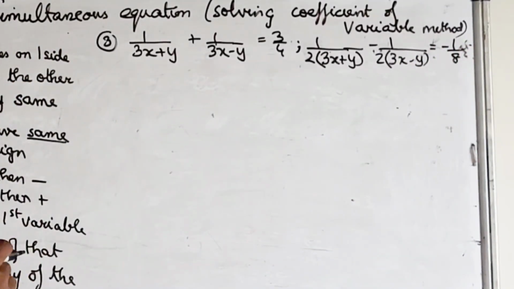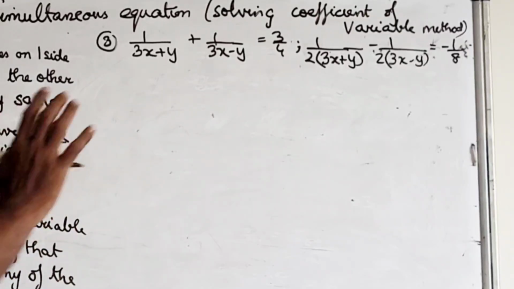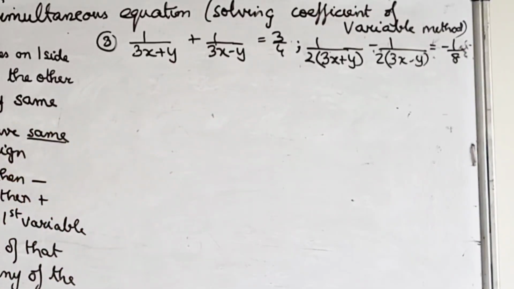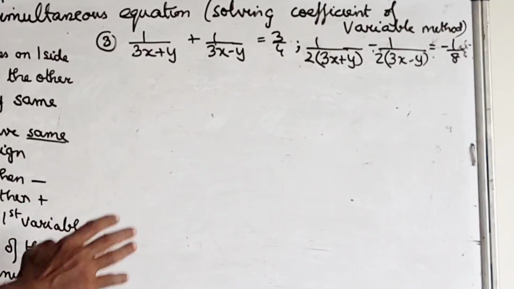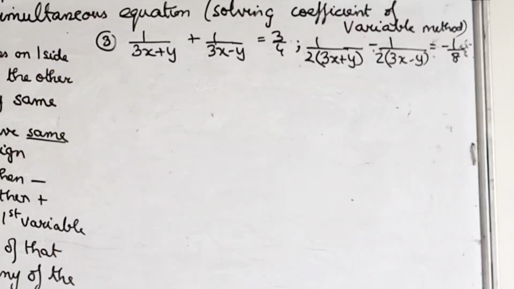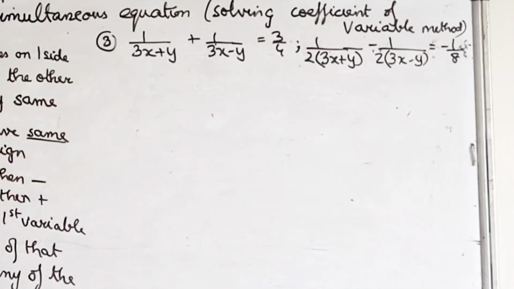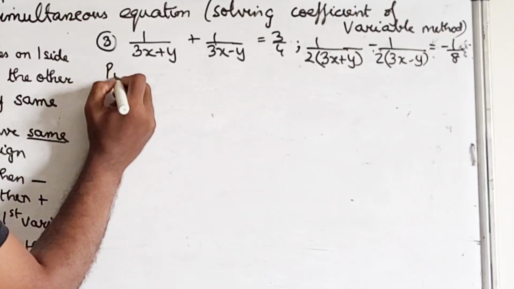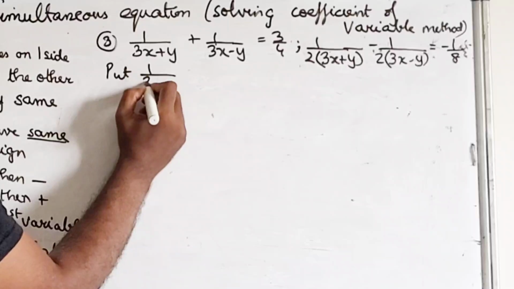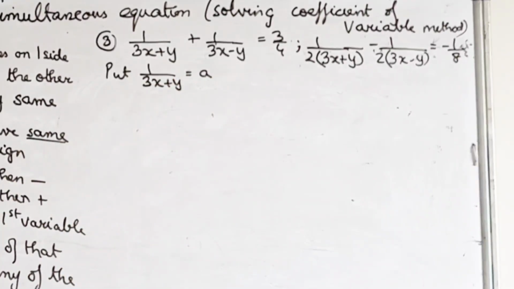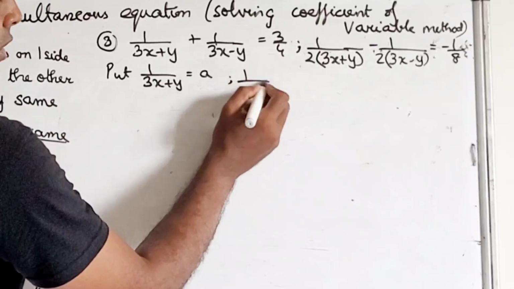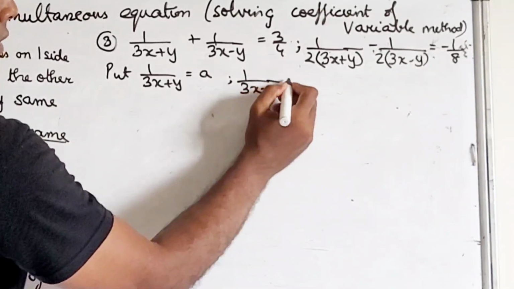So how will we do this? Whenever you see a variable in the denominator, like 1 upon 3x plus y, or just 1 upon x, or 1 upon x plus y, you can't solve it like this. First step, we have to substitute for 1 upon 3x plus y, say a, and for 1 upon 3x minus y, say b.